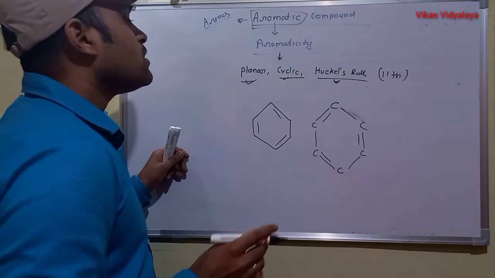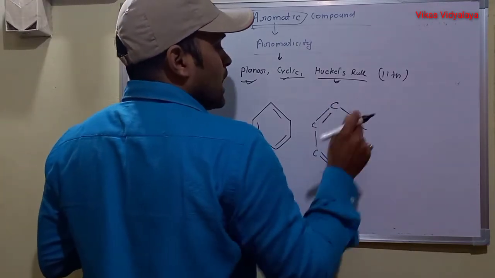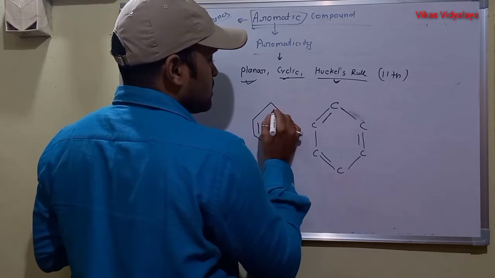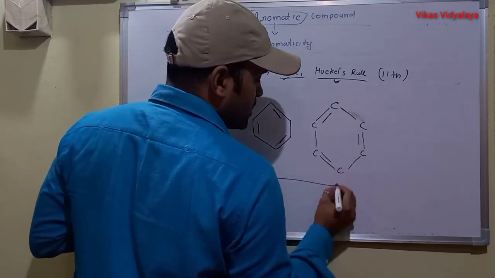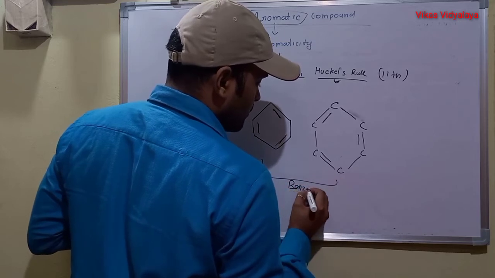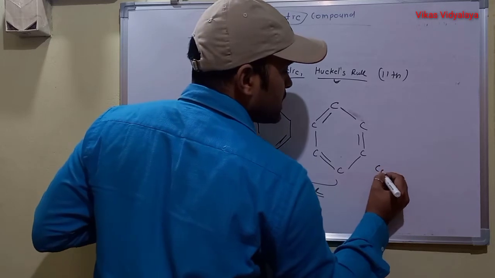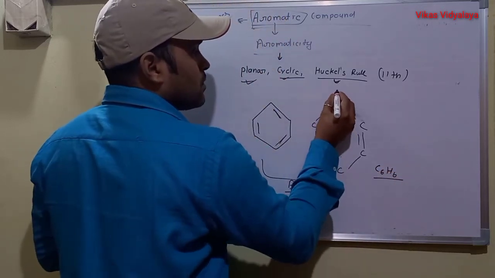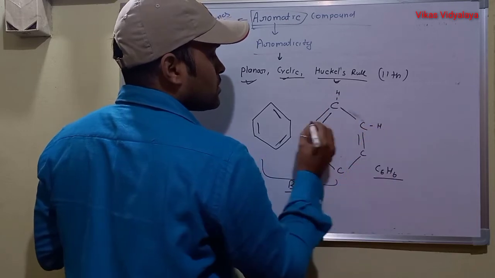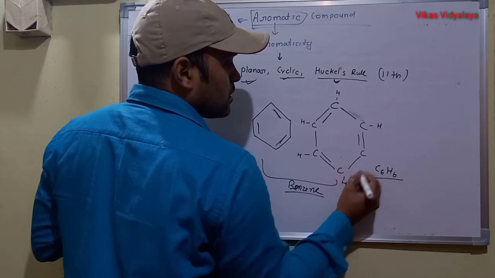In benzene, we should remember that there are 3 double bonds at alternate positions, like this, this and this. Both structures are benzene. The formula of benzene is C6H6. Here one hydrogen on each carbon.